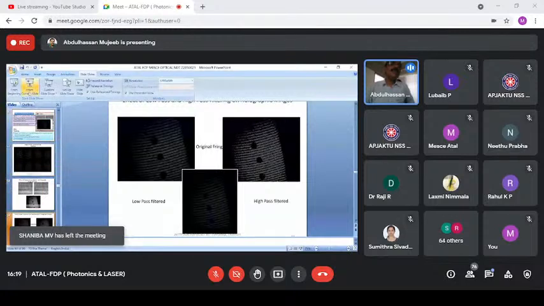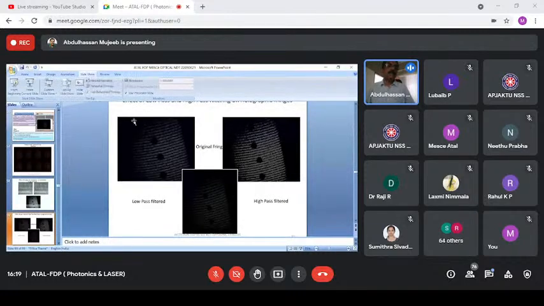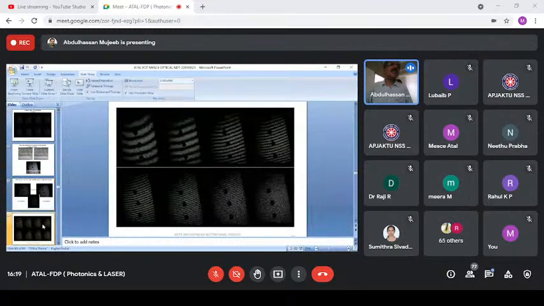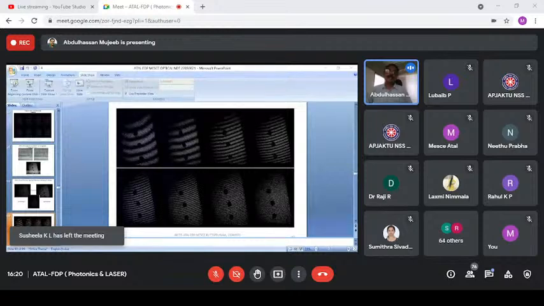So we can visualize all these holograms using low pass filters, high pass filters, and other filtering processes. This is about the methods of holographic fringe pattern analysis using the holography non-destructive testing method.